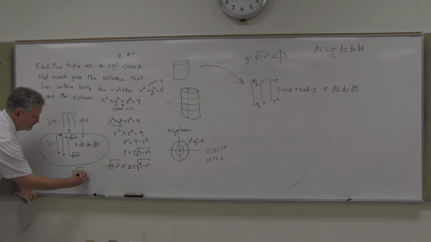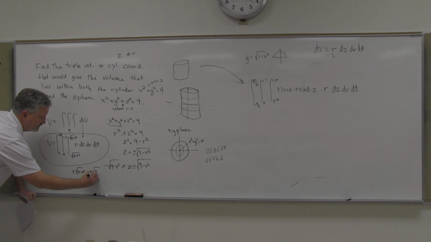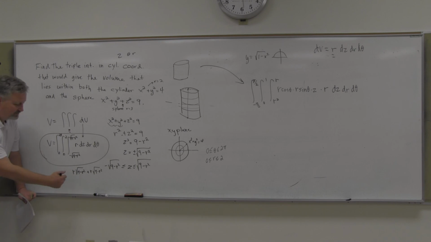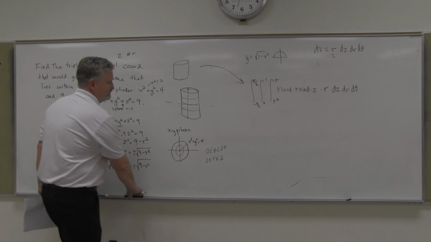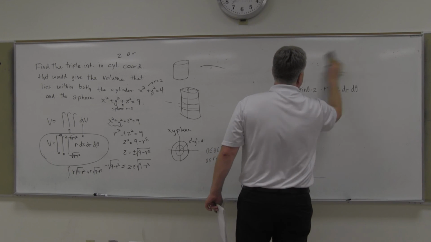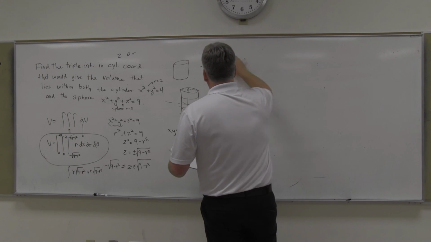I'm not going to do it all the way out, but actually it'd be plus r, so we have 2 of those. But notice that's a very nice u substitution when I have to do that. So anyway, preview that one. Okay. All right.